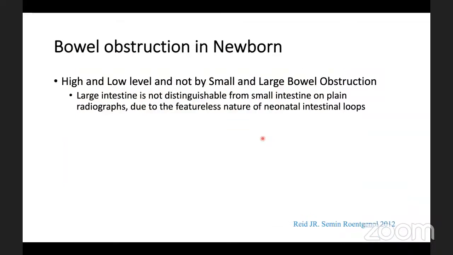One important thing to mention in the beginning of this presentation is that it is important to distinguish and do the diagnostic investigation in terms of dividing the obstruction into high and low level, and not by small and large bowel obstruction. The reason is that on plain radiograph, you cannot differentiate between the two because of the featureless nature of the intestinal loops.